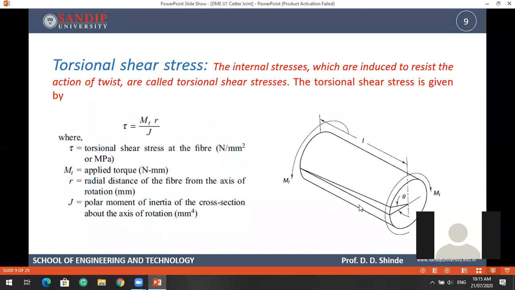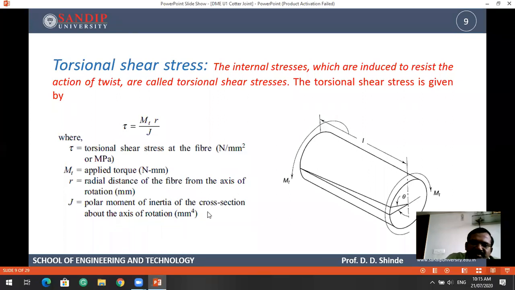Here you can see a rod which is twisted in clockwise and anti-clockwise direction at two ends, and because of which the plane gets twisted. So it is torsional shear stress. If T is the applied torque, the torsional shear stress is given by the equation Tr by J. T indicates torque, and r is the radius, that is the radial distance of the fiber from the axis of rotation.